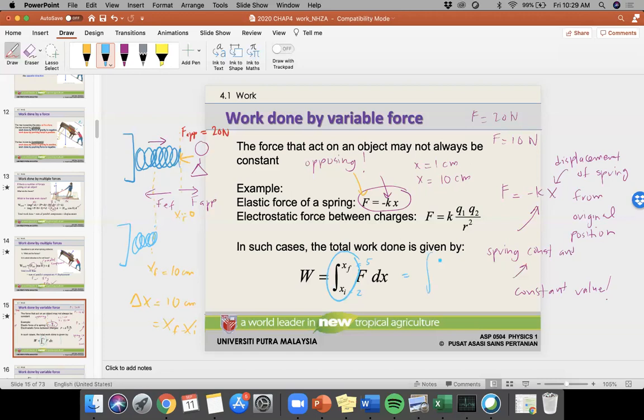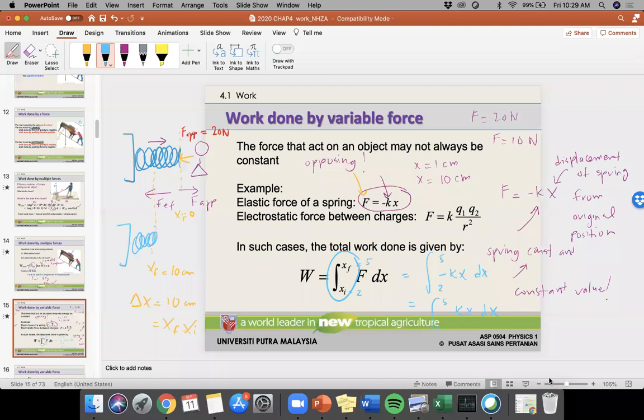So this becomes the integral from 2 to 5 of minus kx dx. So this is the work done by the spring. If they ask you, what is the work done by you, by F applied? So this equation becomes the integral from 2 to 5 of kx dx. Okay? So sometimes you see there's a negative, sometimes you see there's a positive.